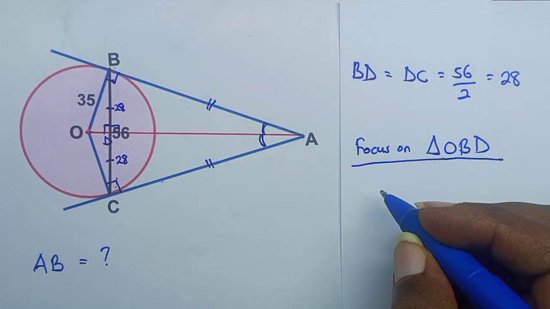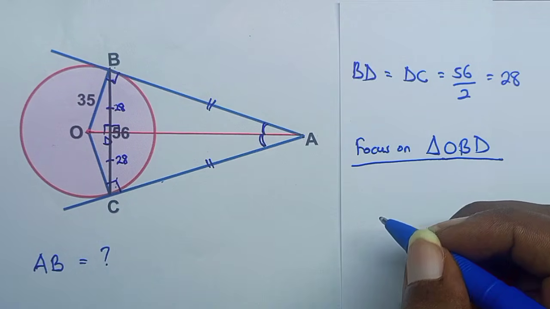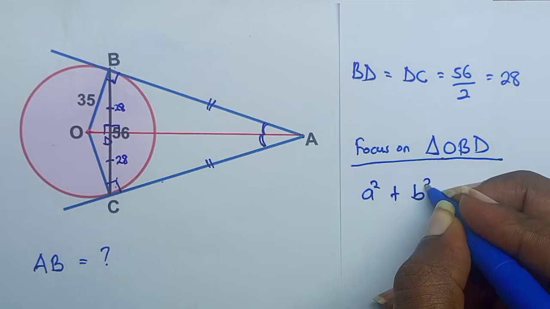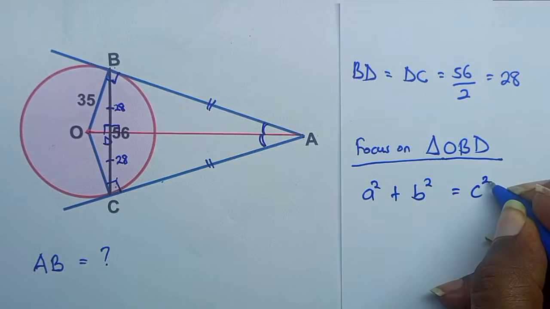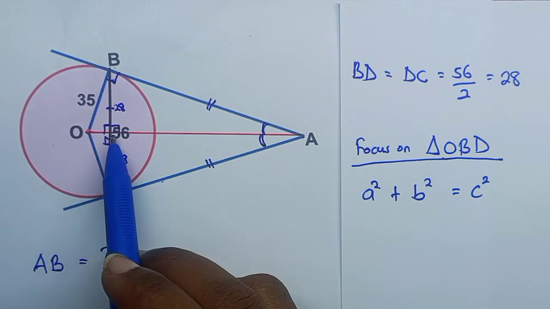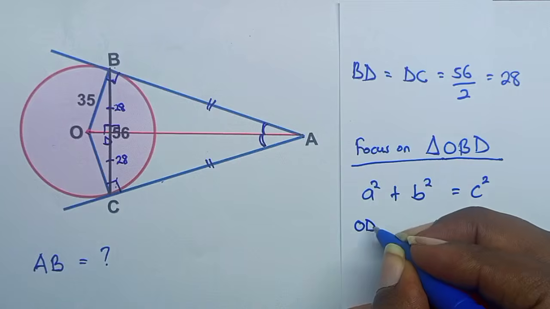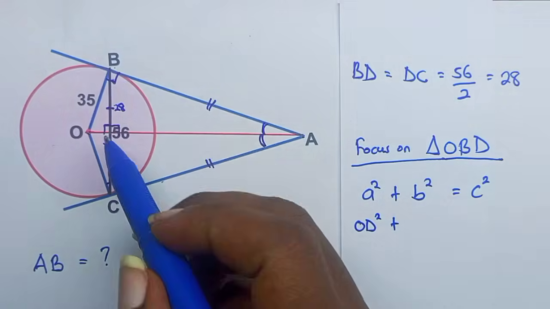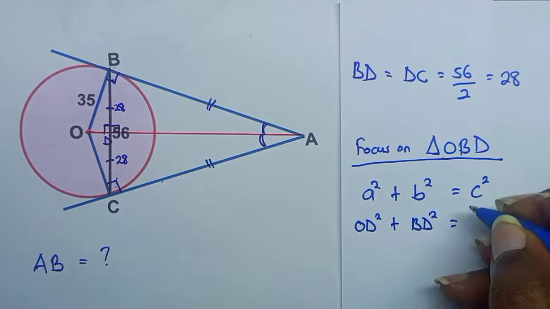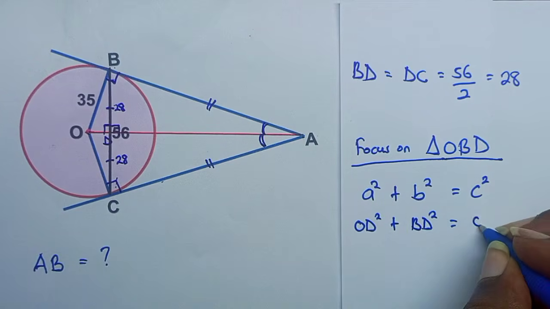So since it's a right angled triangle, we're going to use Pythagoras theorem to solve. A squared plus B squared is equal to C squared. And our A is OD. So OD squared plus our B is BD, plus BD squared is equal to our C, which is OB squared.